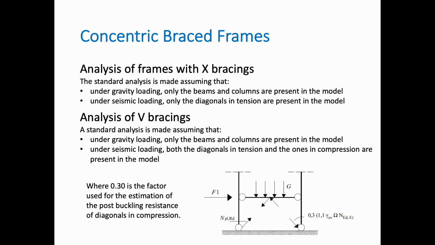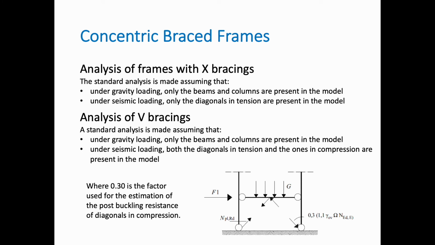Where 0.3 is the factor used for the estimation of the post-buckling resistance of the diagonals in compression. This post-buckling resistance has to do with the capacity of the diagonal to further resist forces in reversed mode.